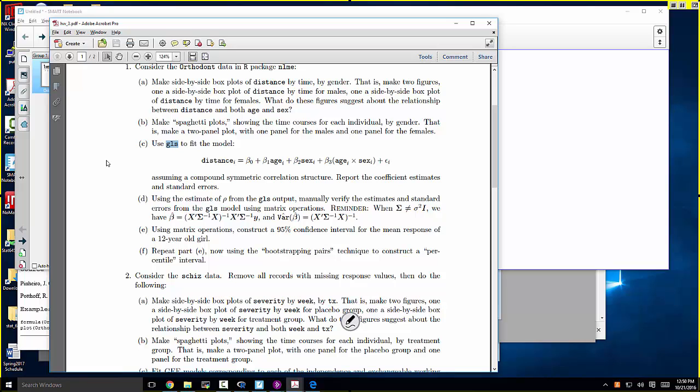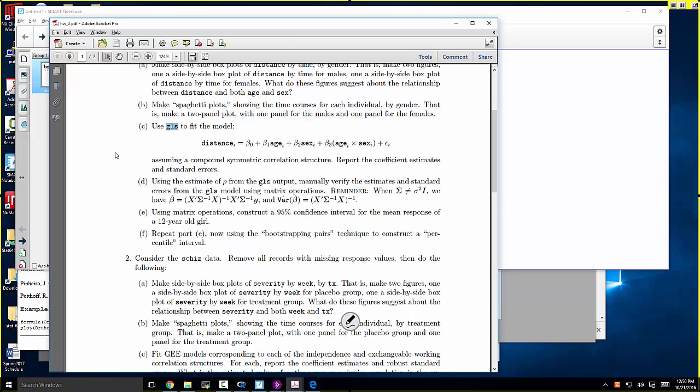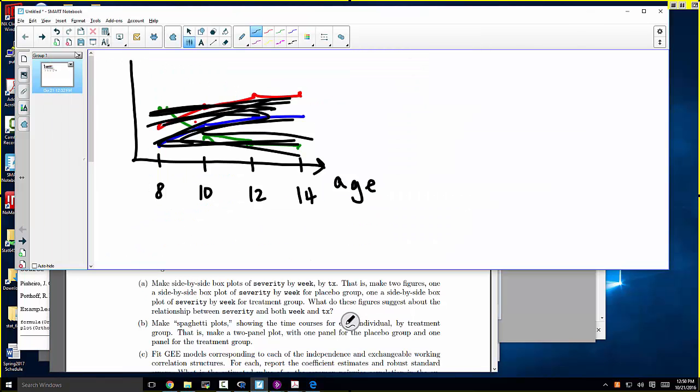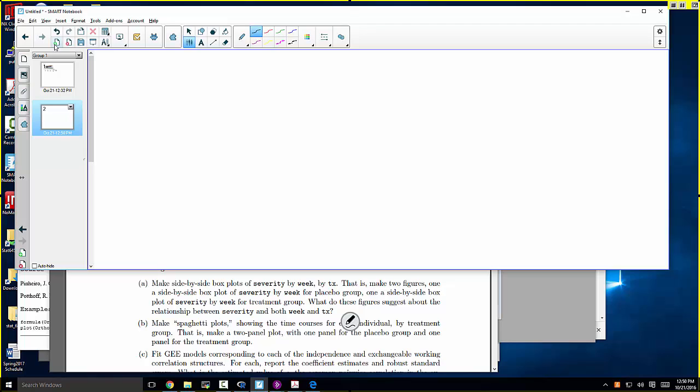The main issue with regression with correlated data is not estimating the coefficients, remember. We don't have to work hard to estimate the coefficients. The challenge is in estimating the standard deviations. So in GLS, let's consider a linear model, y equals X beta plus epsilon.